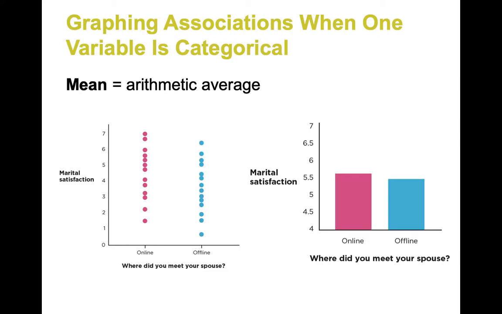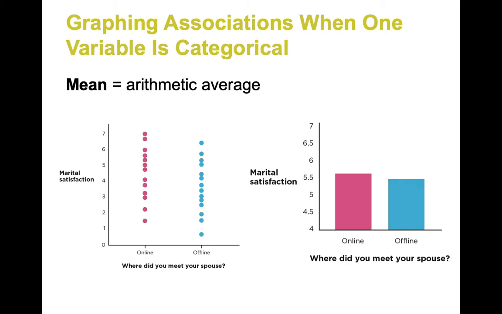It's much more common to plot the results of an association between a quantitative variable and a categorical variable in a bar graph, which you see on the right. In a bar graph, each individual is not represented by a data point, but instead, what is plotted here is the group mean, aka average, for marital satisfaction for the two different categories.